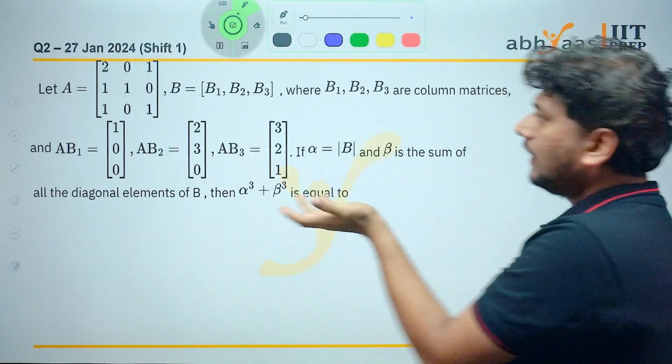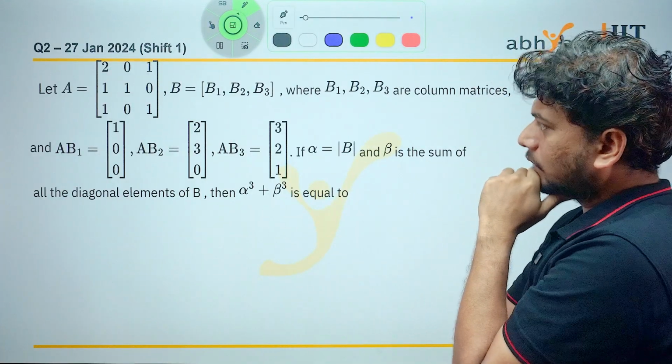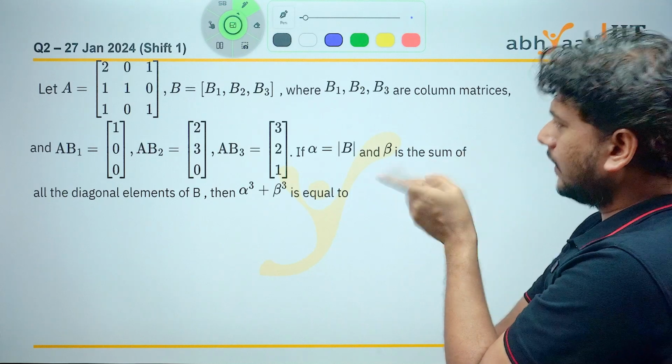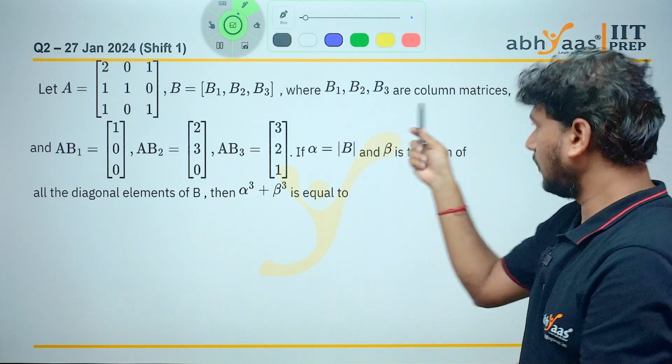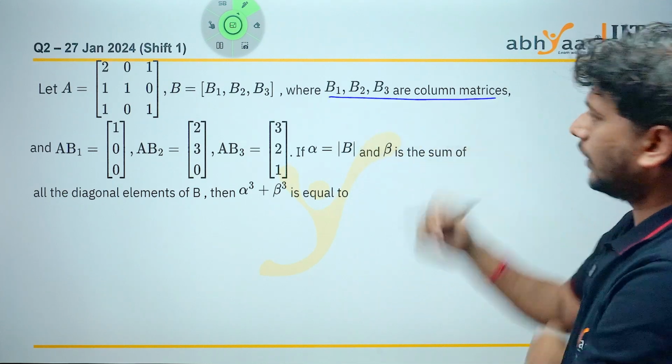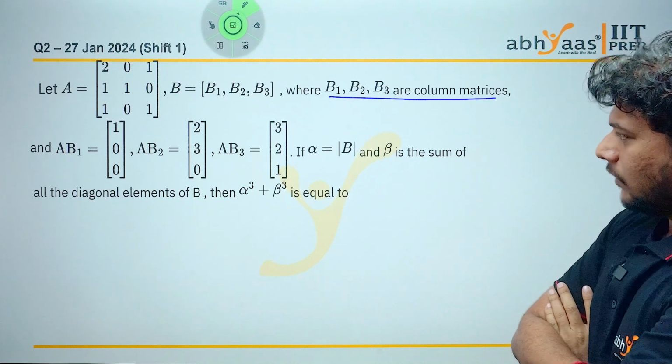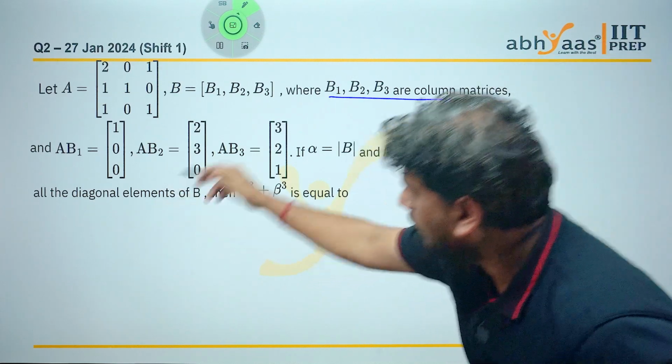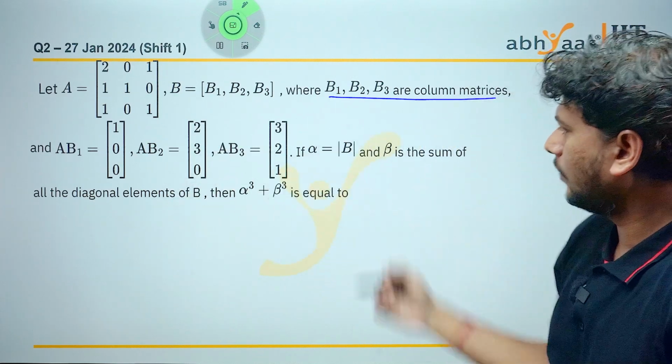Let A equal the matrix [2 0 1; 1 1 0; 1 0 1], and B equal [B1 B2 B3], where B1, B2, B3 are column matrices. AB1, AB2, AB3 are also column matrices.